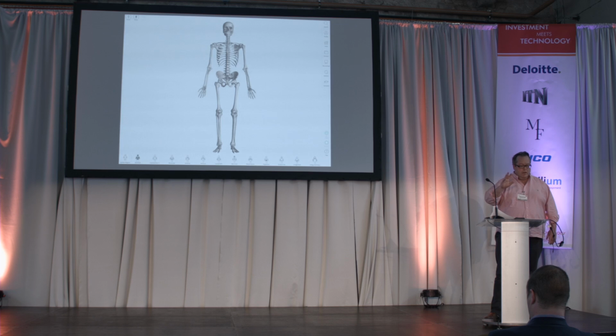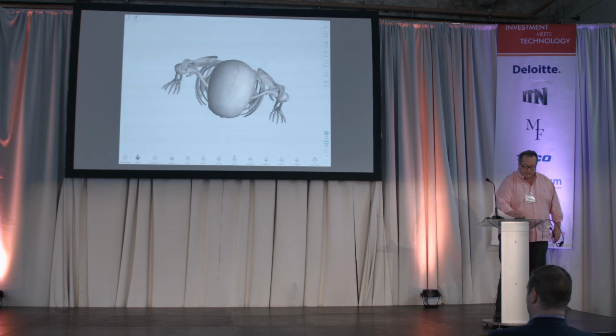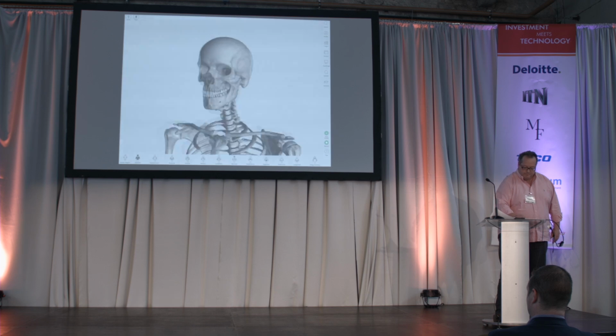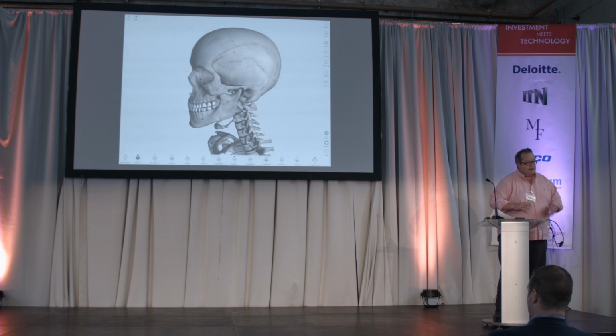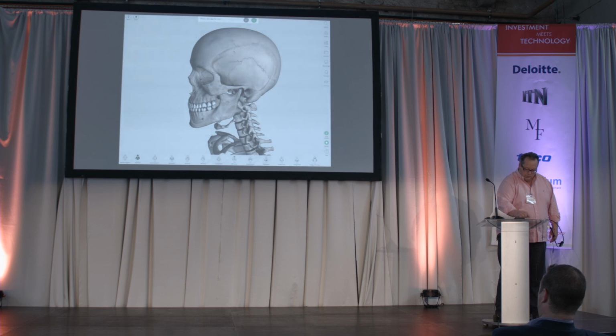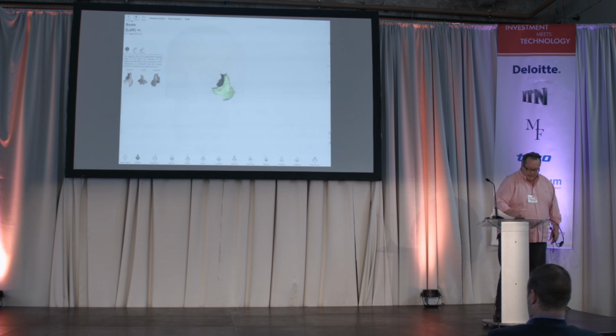This is a platform, Complete Anatomy. Let me bring it up here. And I'm going to give you a taste of what a platform like this means as far as learning anatomy. So let me choose an item here, the zygomatic bone. I can now isolate that.